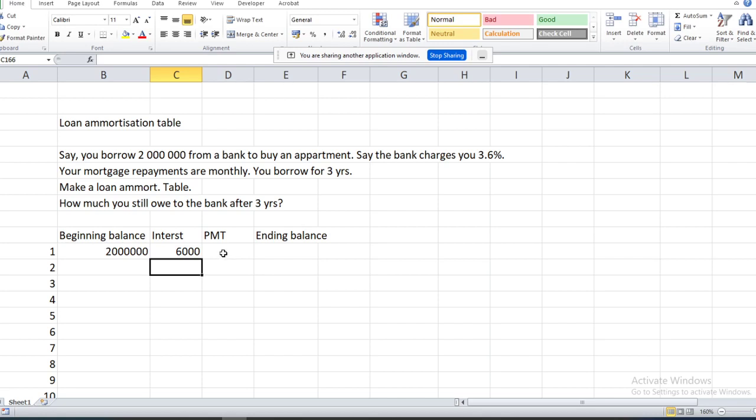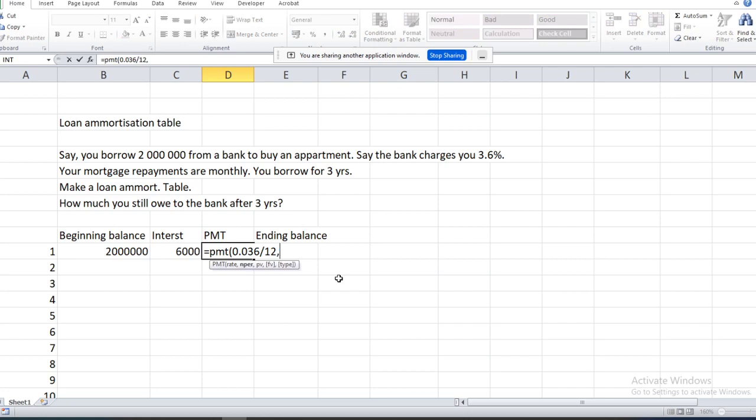Okay, now how about the PMT? We need to calculate equals PMT. That's your regular payments to repay the mortgage in 3 years. So that equals PMT, open the brackets. The rate is 0.036 divided by 12. Number of periods is you're going to pay it in 3 years times 12, because we need to match everything to the smallest period, which is a month.